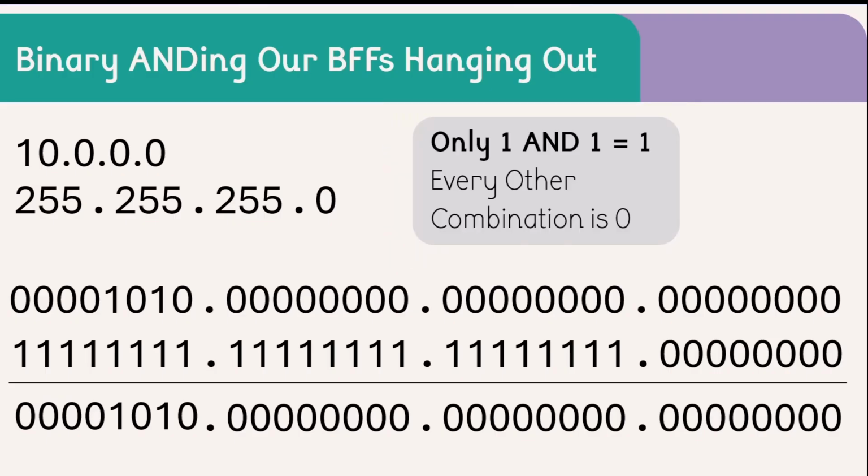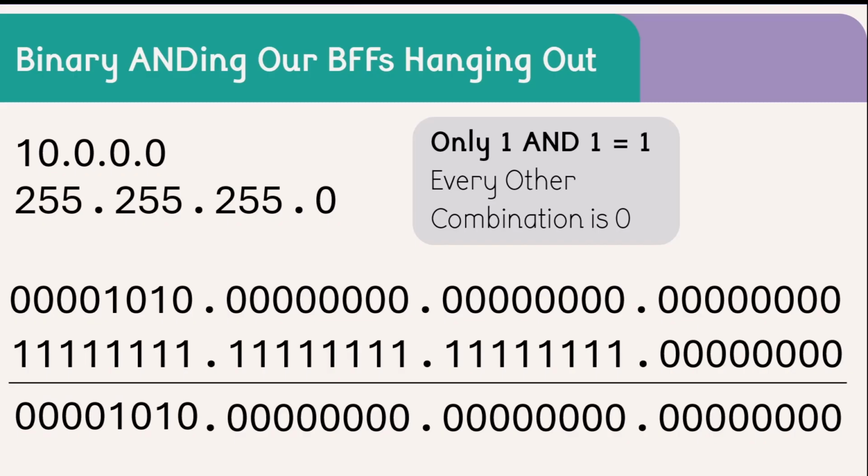The basic rule for ANDing is that 1 and 1 equal 1, and that's it. Every other combination is 0. So 0 and 1 is 0, 1 and 0 is 0, and 0 and 0 are also 0. So the only rule you need to remember for ANDing is that 1 and 1 are 1.